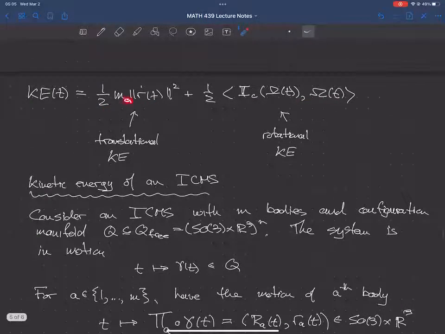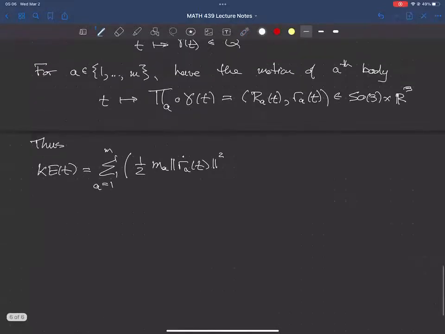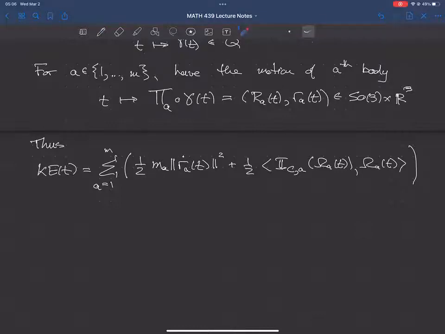Except I'm going to have the mass of body A, the kinetic energy of body A, little r A, and then omega A. It's just the calculation that I did above. So that's easy enough. The kinetic energy of the system is just the sum of the kinetic energy of each of the bodies that comprise the system.